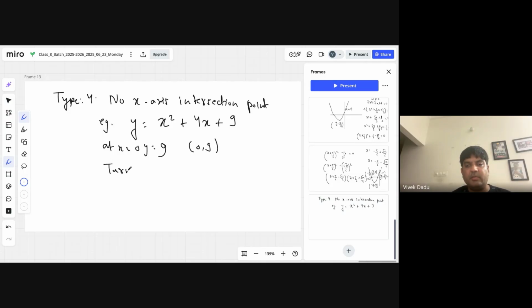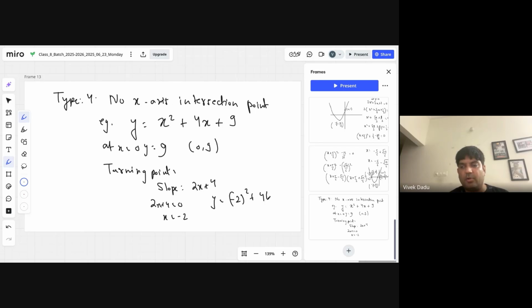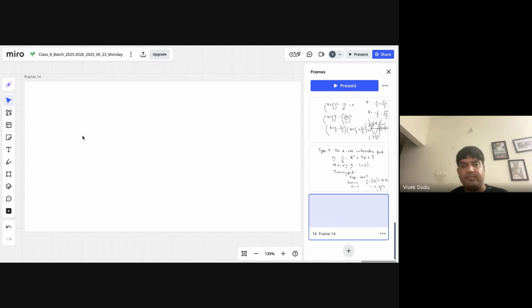Then turning point, slope is, x equal to minus 2. So y equal to minus 2 whole square plus 4 into minus 2 plus 9, 4 minus 8 plus 9, 5. So minus 2 comma 5.